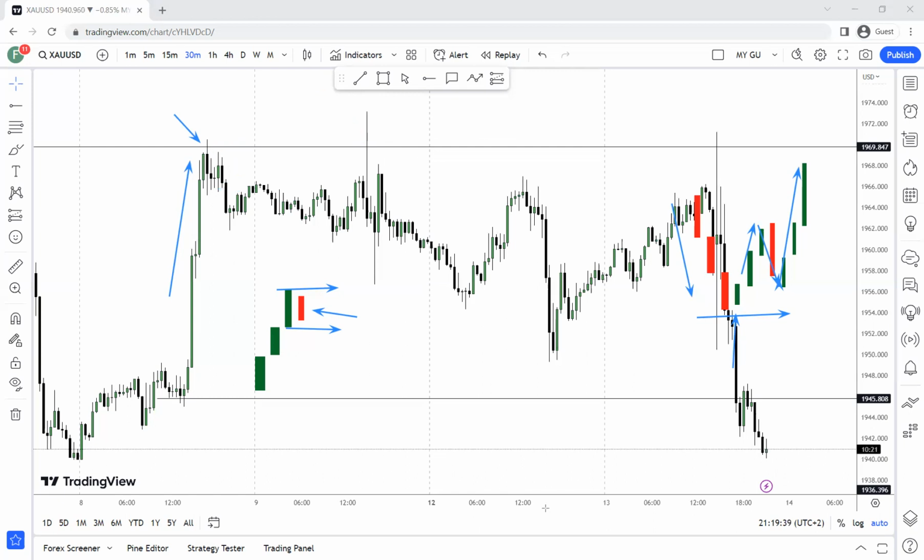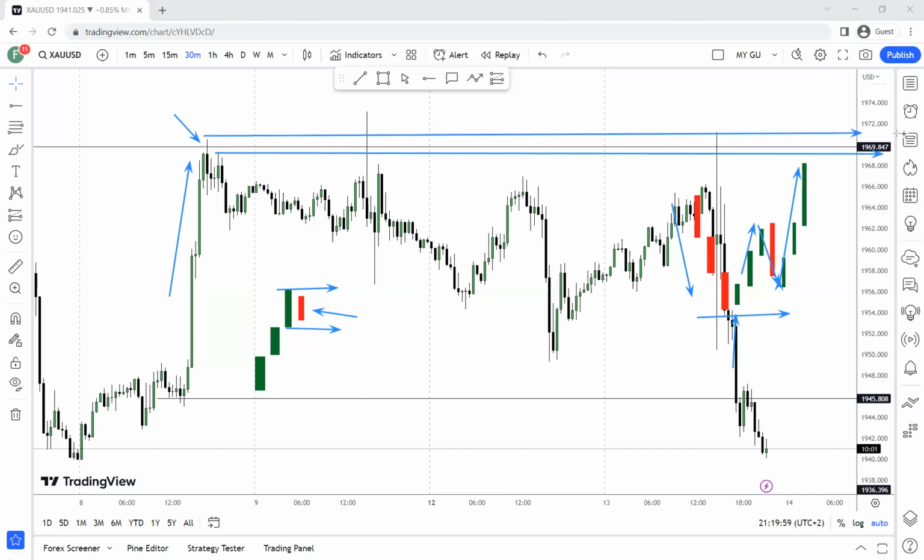All right, so now if you look at this and then you adjust, let's say around this area, right? Or even, just to be safer, put your stop above your rejection area, right?